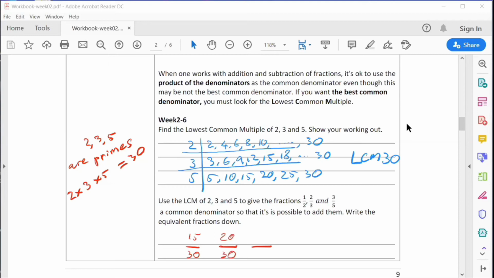The next one, 5 goes into 30 six times, so you get 18 out of 30. Now you can add them together, so you should get 53 out of 30. Did you guys get that? Good, good. So that's what needs to be done.